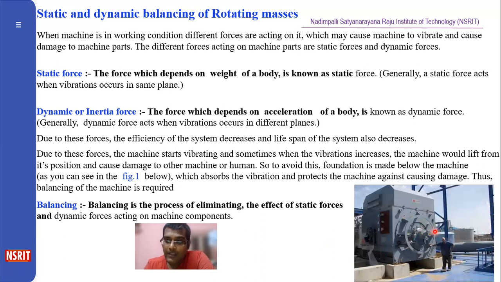Thus, balancing of the machine is required. Balancing is the process of eliminating the effect of static forces and dynamic forces on machine components.